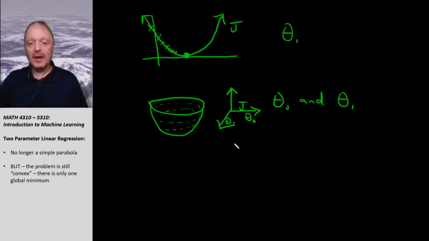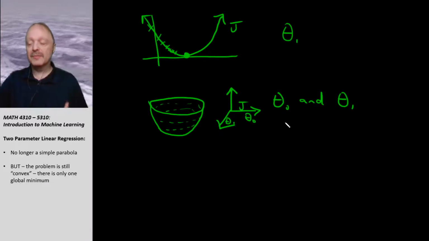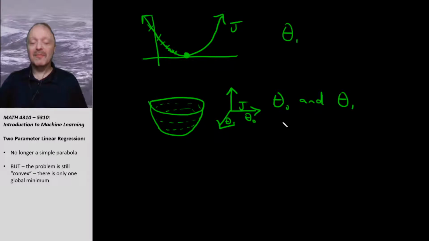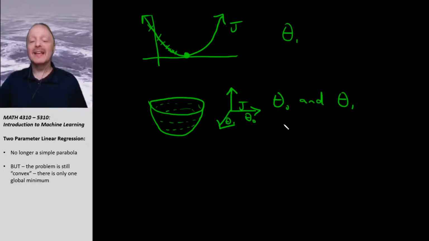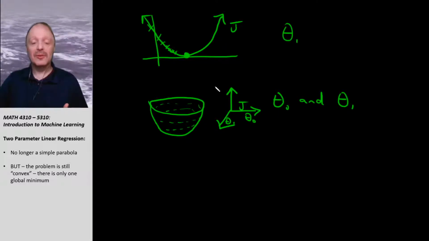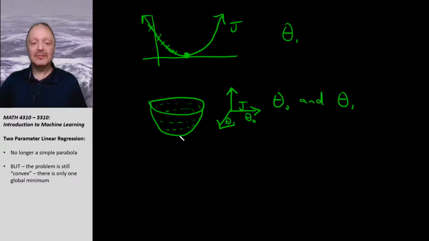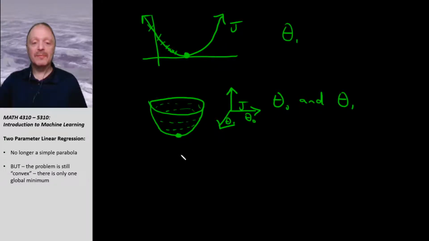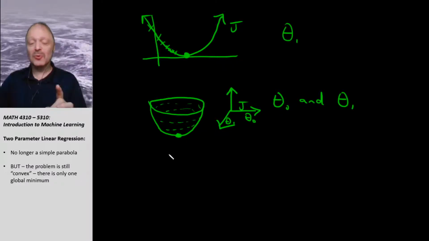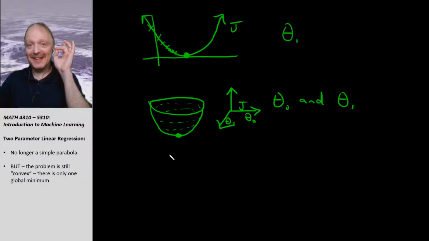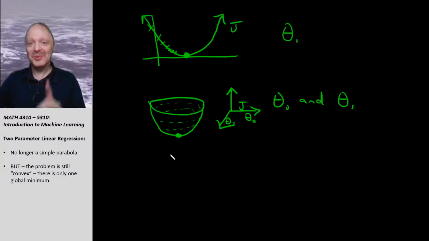Something quite nice at this point is that even though it is no longer a parabola, it still has a global minimum because it's a bowl. It is a bowl that behaves like a normal bowl should.